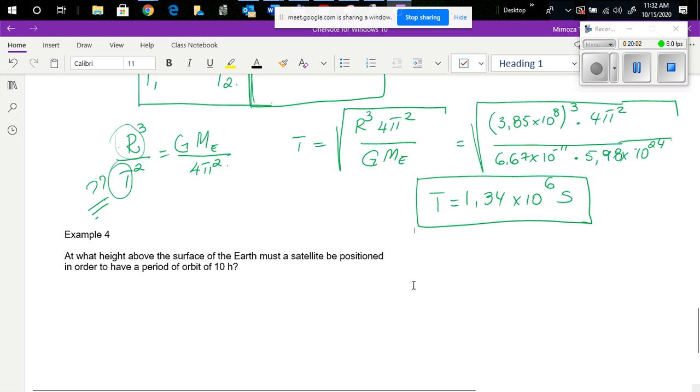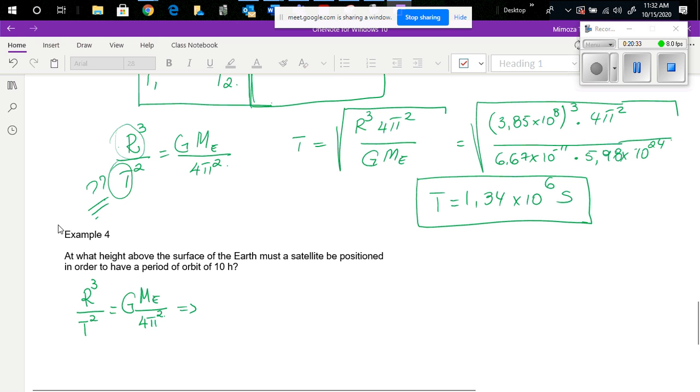Now, a very similar question is this one here. At what height? So now we will look for the distance from the surface of the Earth to the satellite. We have a satellite that has an orbit of 10 hours. So again, we will go R cubed over T squared is equal to capital G, mass of the Earth, over 4 pi squared.